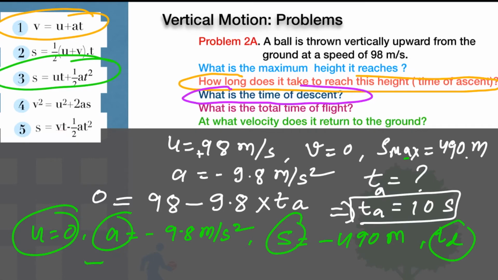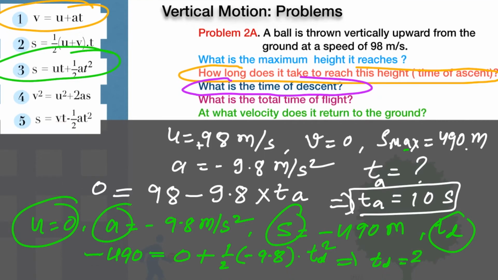So displacement S is equal to minus 490 meters, equal to u is 0, so ut is 0, plus half into minus 9.8 into TD squared. So this says TD will be 2 into 490 divided by 9.8. So TD is 10 seconds. You see, the time of ascent and time of descent are the same.